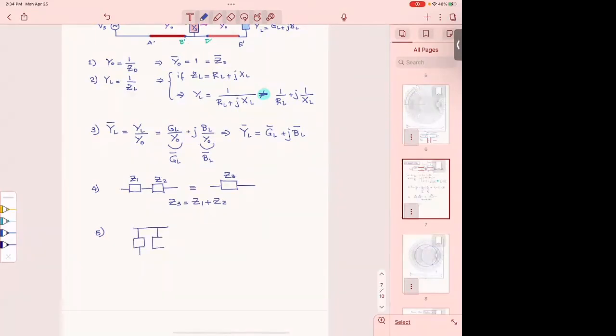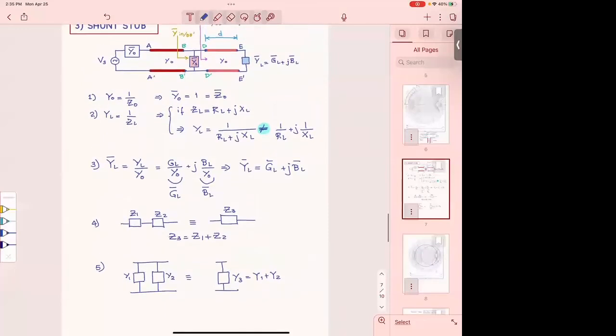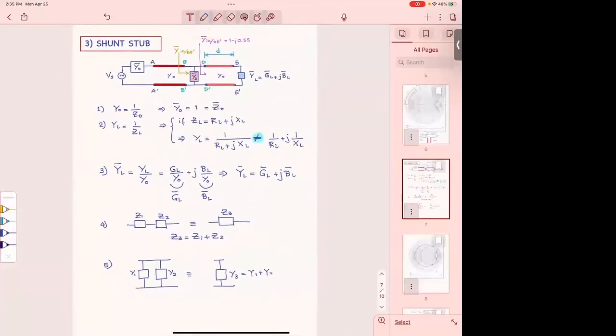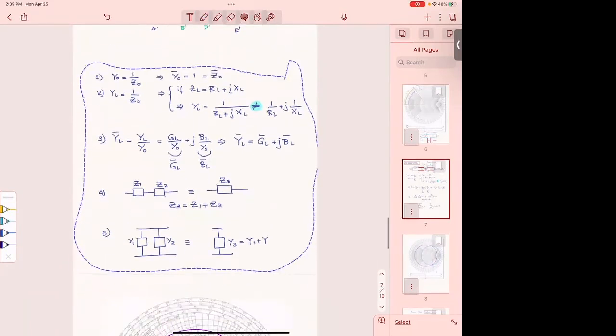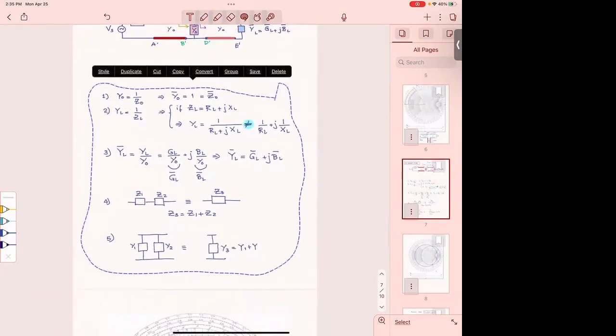So don't use 2 admittances in series and add them up. If this is Y1 and this is Y2, this is equivalent to one admittance, Y3, which is Y1 plus Y2. All right? So these are what you have to keep in mind as we try to solve this problem. That is simple circuit theory, plus the normalizations that you have to keep in mind.